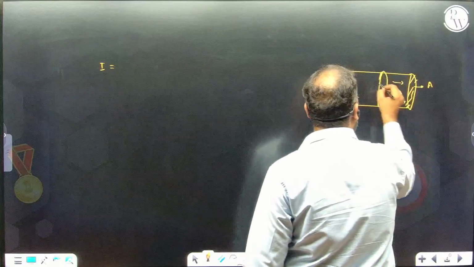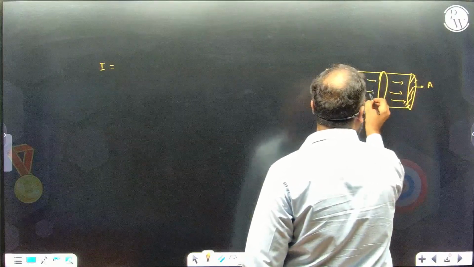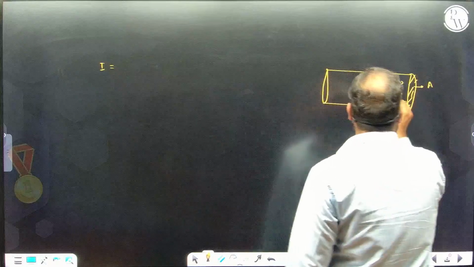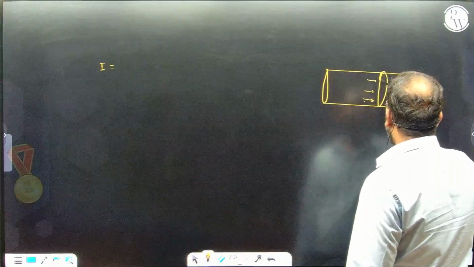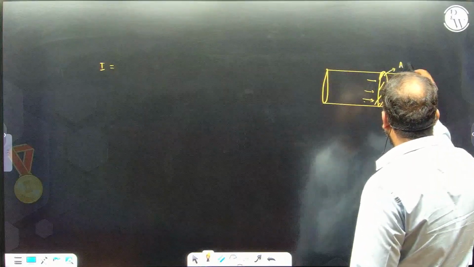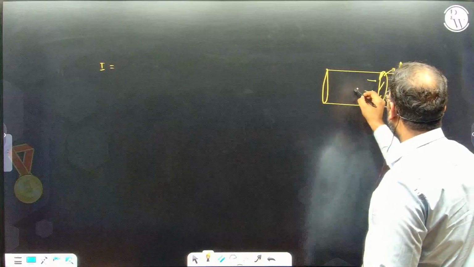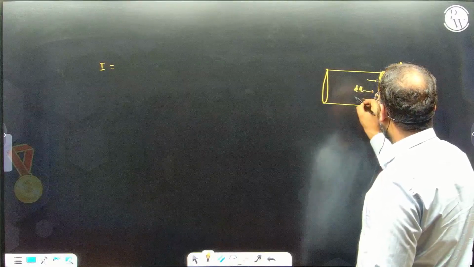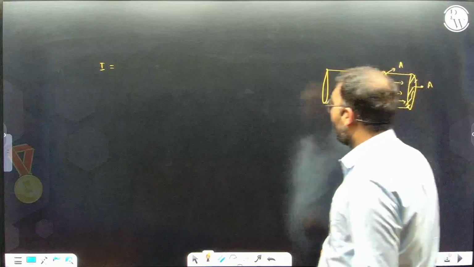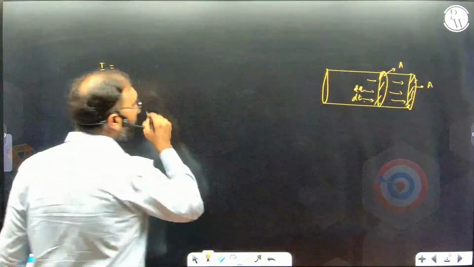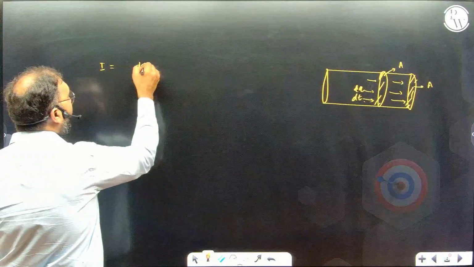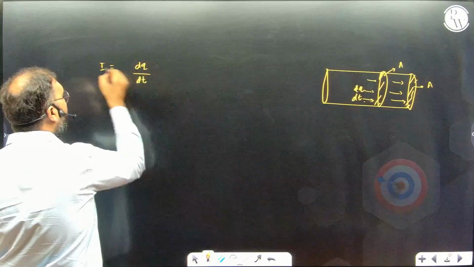I have taken the conductor of uniform cross section. So if through this area some dq charge is crossing in dt time, the current flowing through the conductor will be written as dq by dt.